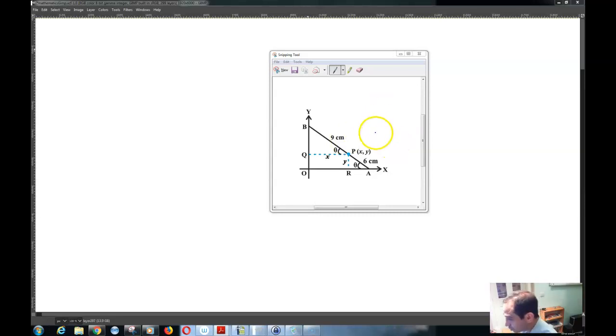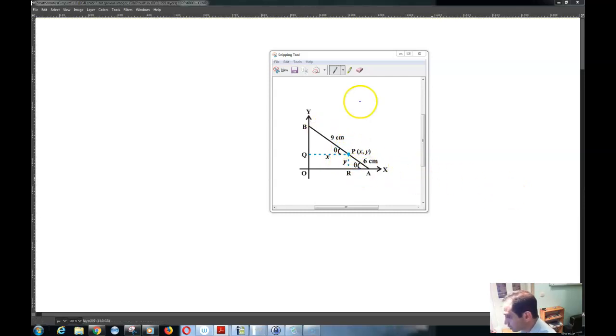So what you want to do here, logically, based on this situation, is find the equation of an ellipse on which this point P(x, y) lies. That's basically what you want to do.